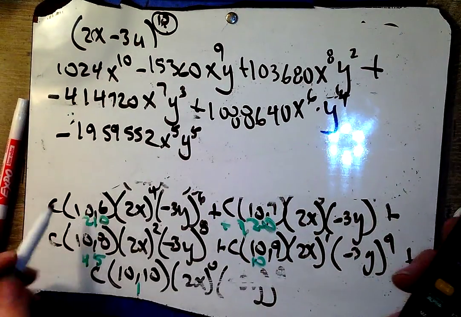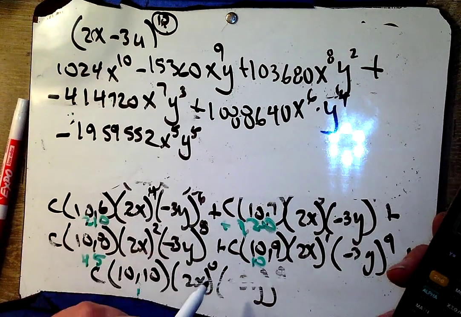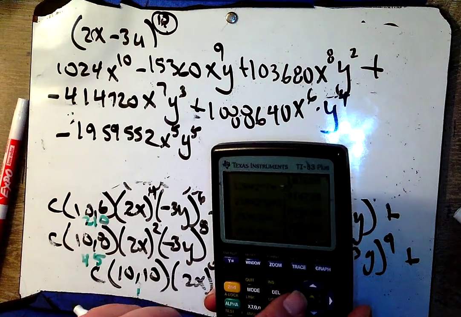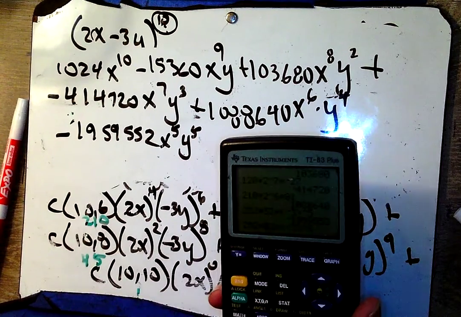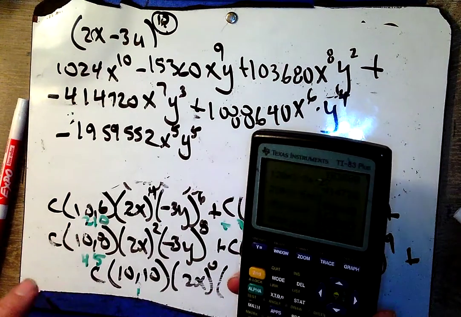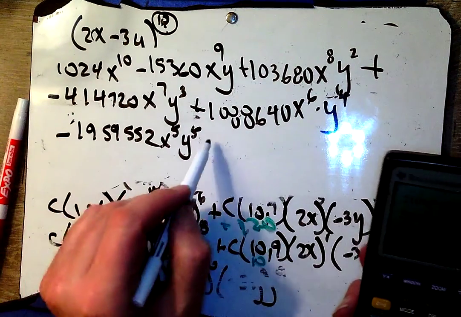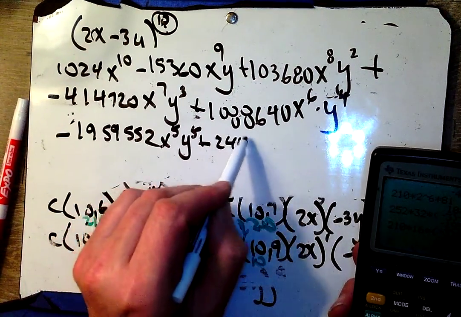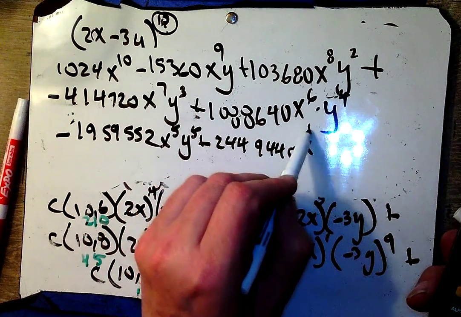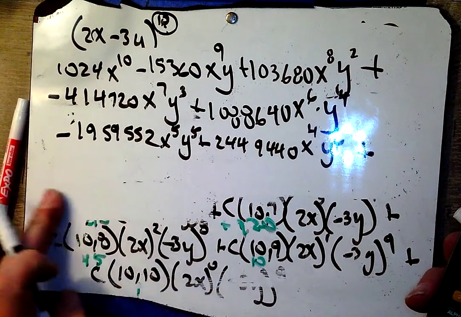Ooh, we're making headway. Now we've got 210 times 2 to the 4th times negative 3 to the 6th. I've got 2 to the 4th, which is 16, and I had 210. And that gives me 2,449,440 x to the 4th, y to the 6th. That's that one.